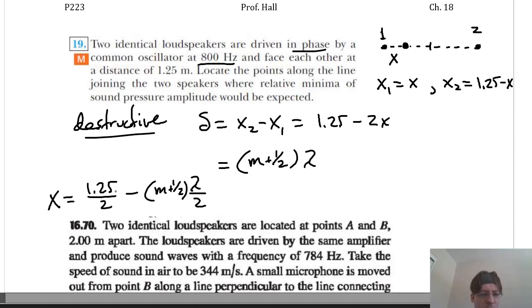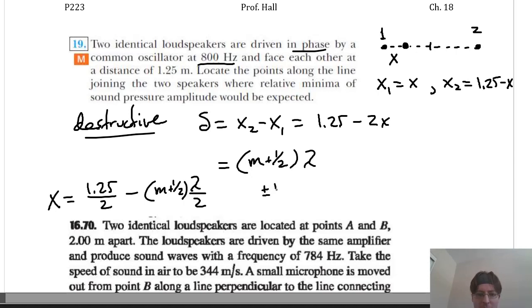This is the center point, 1.25 over 2. For m equals 0, this number is a half. For m equals minus 1, this number is minus a half. So notice what you get is you get the center point plus or minus 2 points on either side of it that correspond to m equals 0 and m equals minus 1, which corresponds to the values of plus or minus a half.